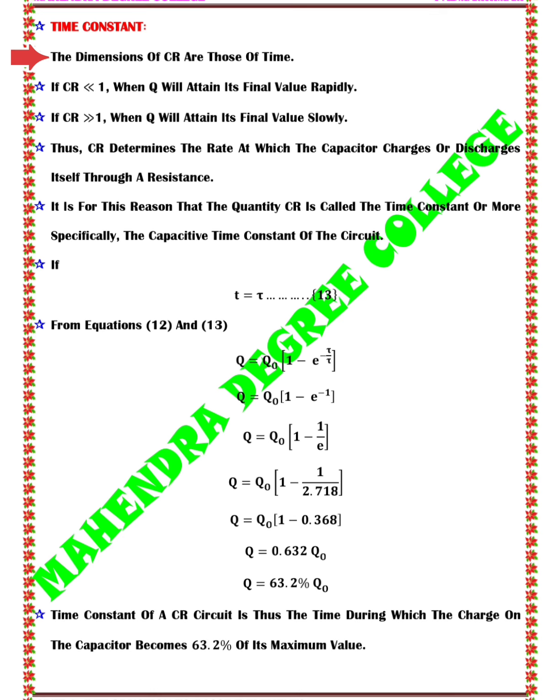This is because capacitance is measured in farads and resistance is measured in ohms, and the product of these units results in a unit of time, typically seconds.